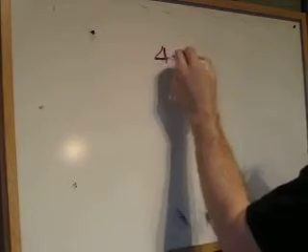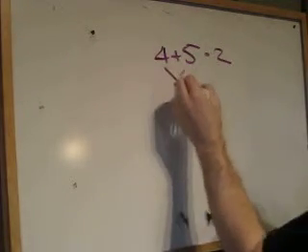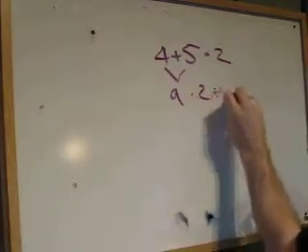Same rule applies when it comes to math. There's certain punctuation and it tells you how to do the math based on that punctuation. For example, if I have 4 plus 5 times 2, well, does this mean 4 plus 5 is 9 times 2 equals 18?